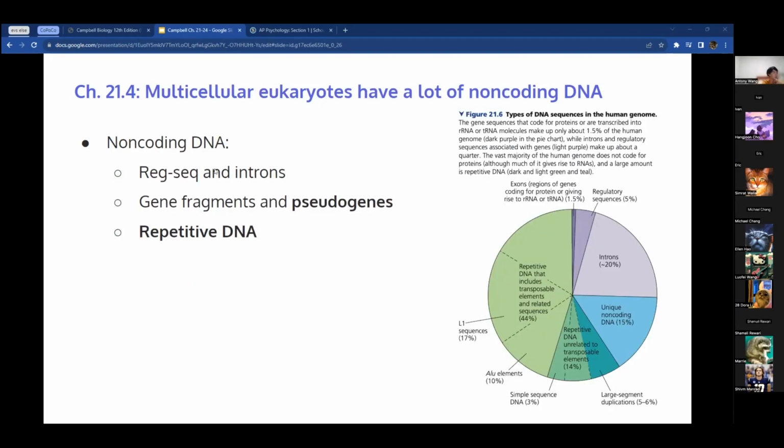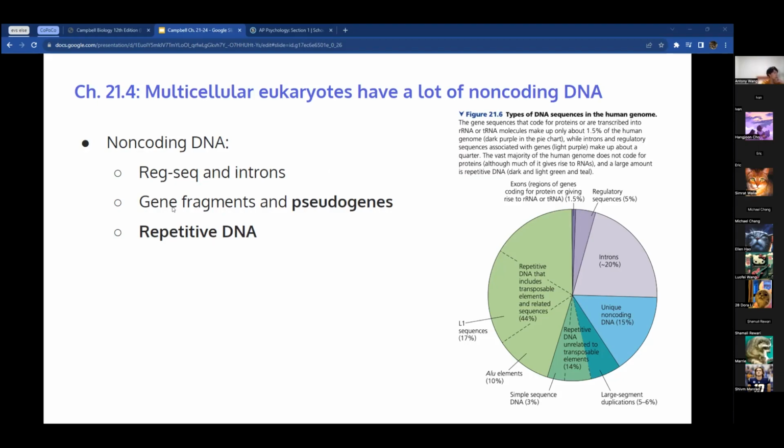Some pieces of non-coding DNA are regulatory sequences, like start codons, stop codons, TATA boxes, pieces of DNA that have specific functions in regulating transcription. And introns, this is part of the transcript that isn't translated.